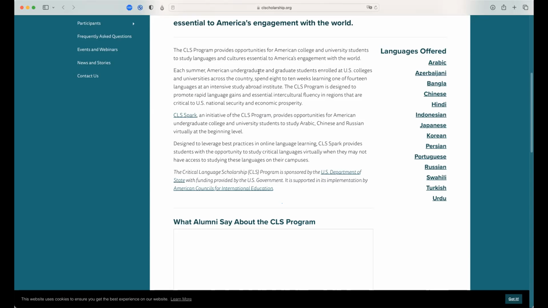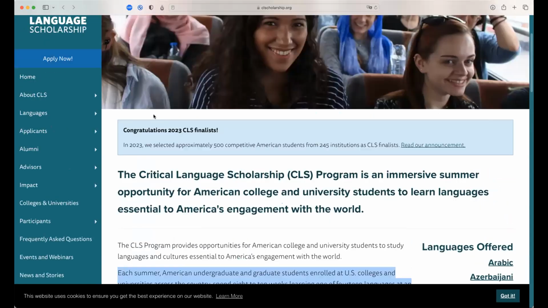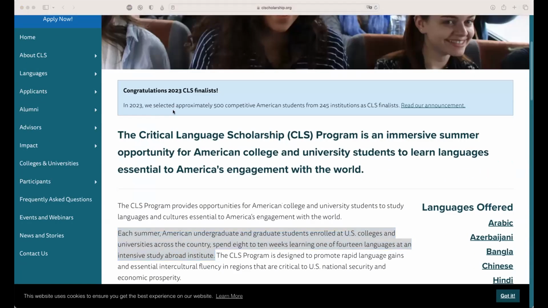And if this isn't something that interests you in particular, it might interest one of your own students or colleagues. I will say that getting paid to spend 2.5 months in an intensive study abroad language institute, you learn a lot, especially when you get to use that language there.